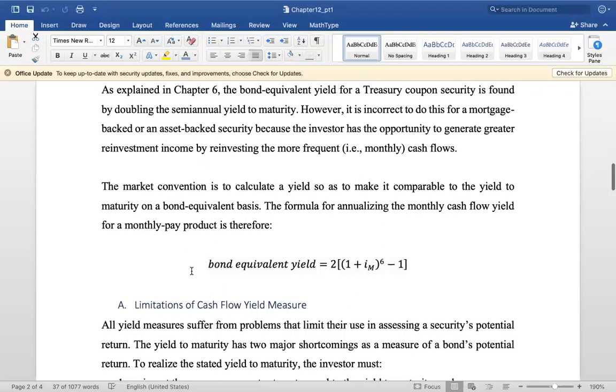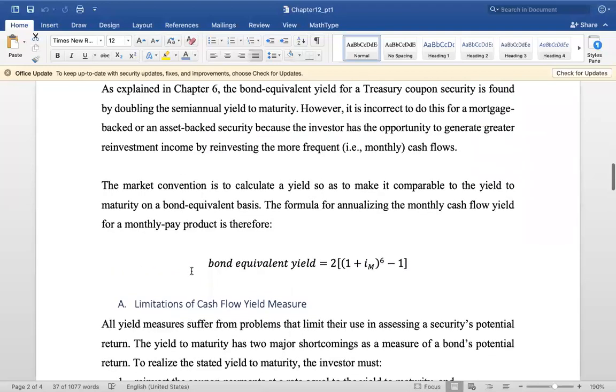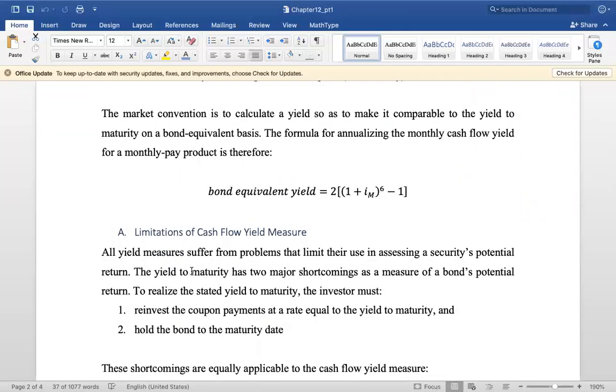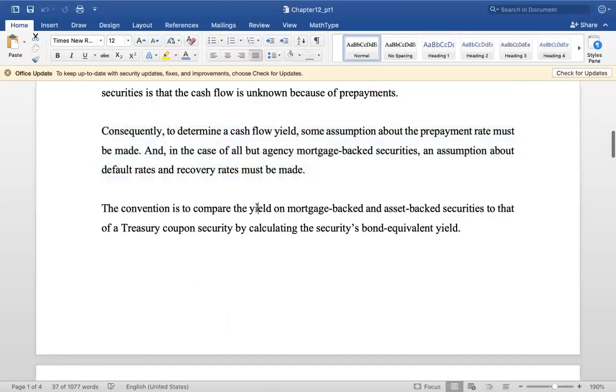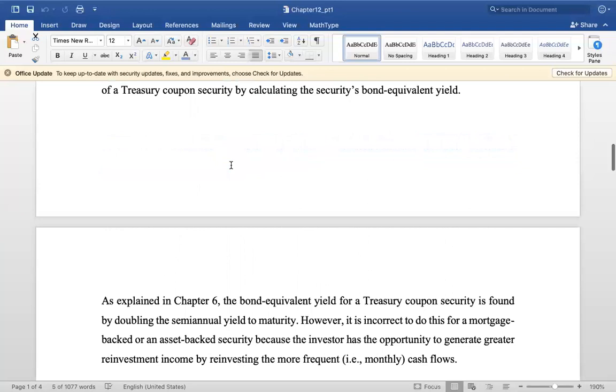So we will get a bond equivalent yield for this. It is calculated in the same way as we calculate the yield to maturity, except that we need to make assumptions about two things. One, prepayment rate, and second, if it's a non-agency mortgage-backed security, we also need assumptions about default and recovery rates.